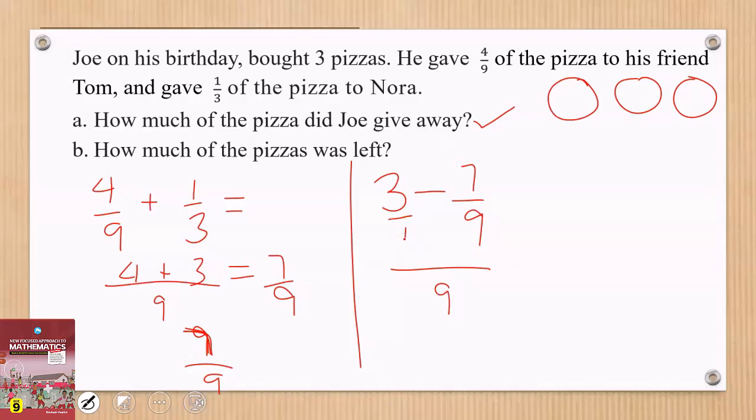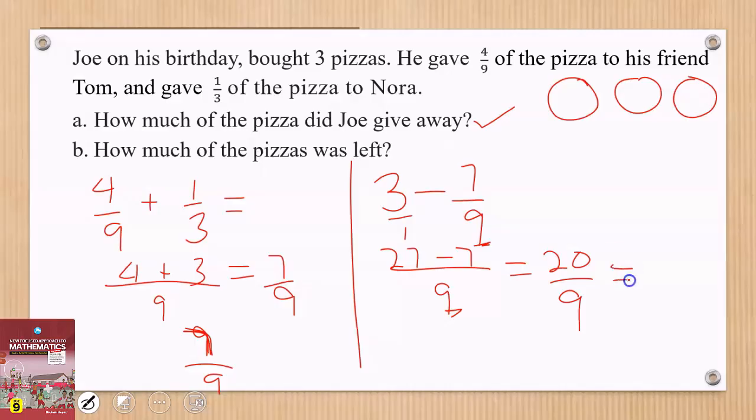We subtract 7/9. 1 divides 9 as 9. Then we multiply the 9 by 3 to give us 27. 9 again divides 9 as 1, times 7 will give us 7. Now when we subtract this, we have 20 over 9.